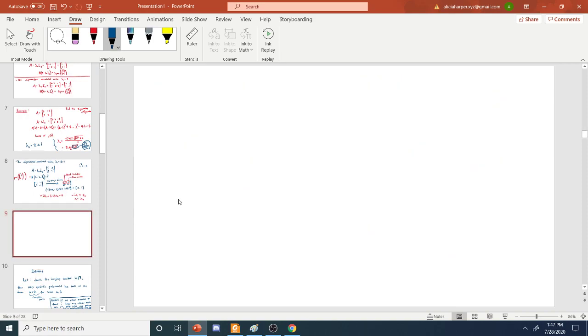Now let's do the same thing, except this time we're going to find the eigenvector associated with lambda naught equal to 2 minus i. In which case, A minus lambda naught I2 is going to be exactly i here, negative 1 here, 1 here, i here.